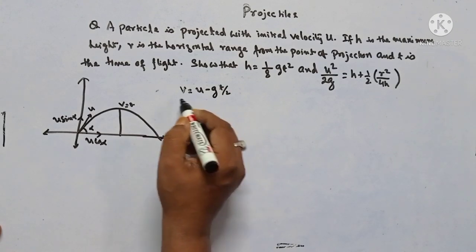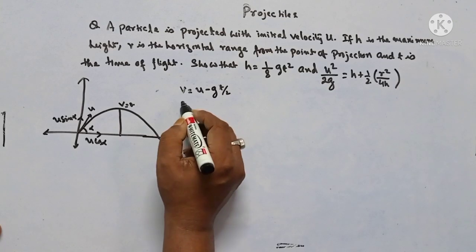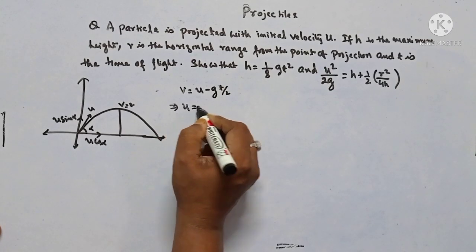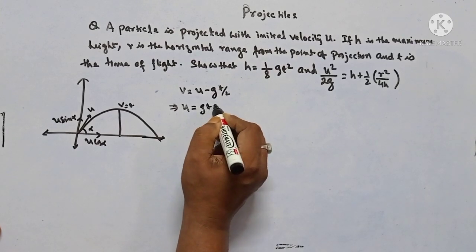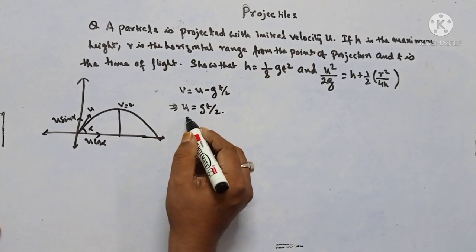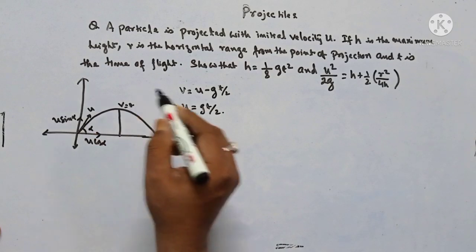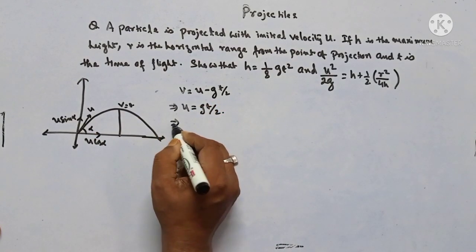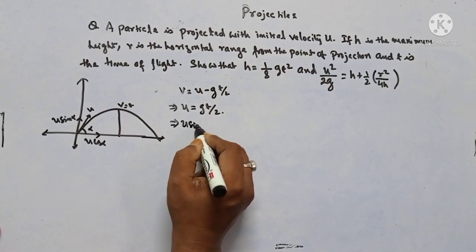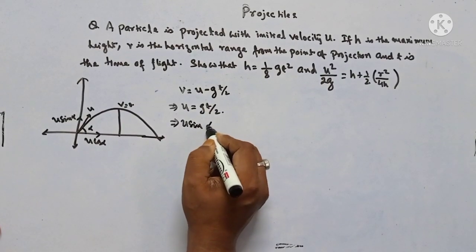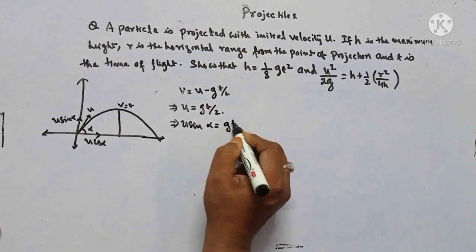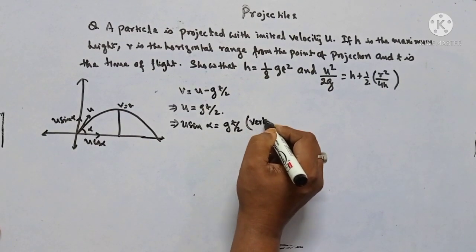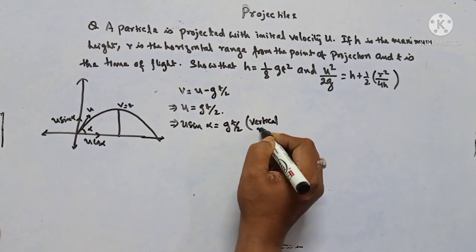Since your final velocity is 0, therefore u is equal to gT by 2, and u, that is your initial velocity, that will be u sine alpha, is equal to gT by 2, because we are considering vertical motion.